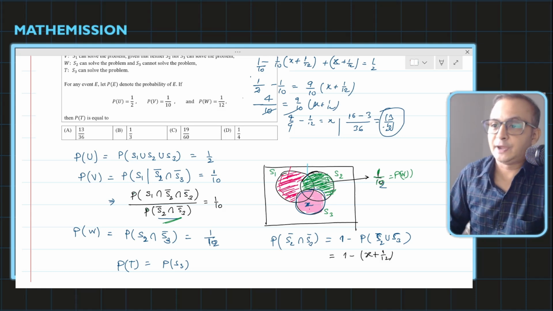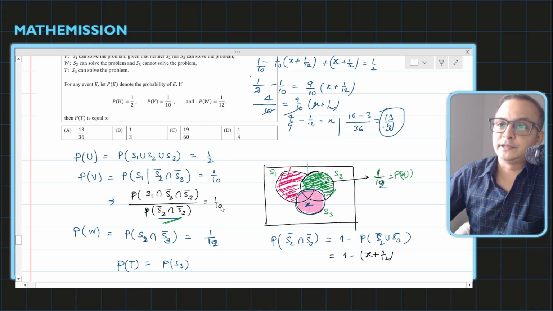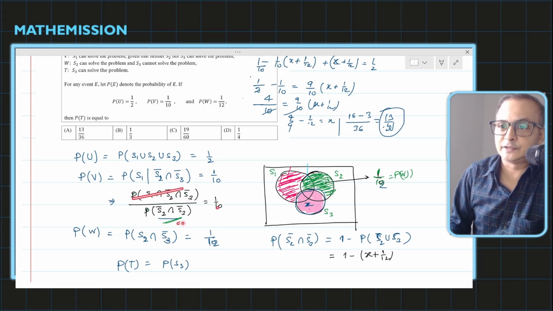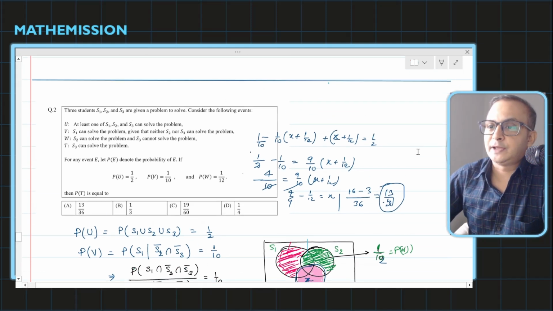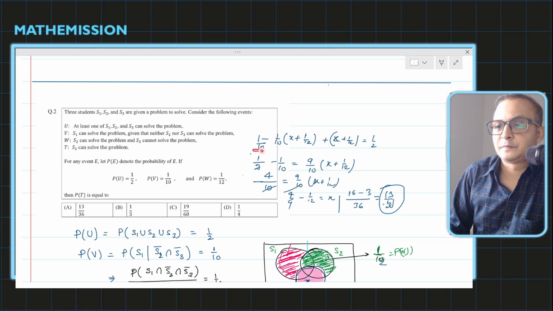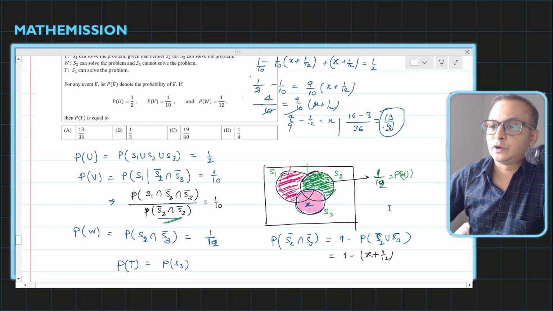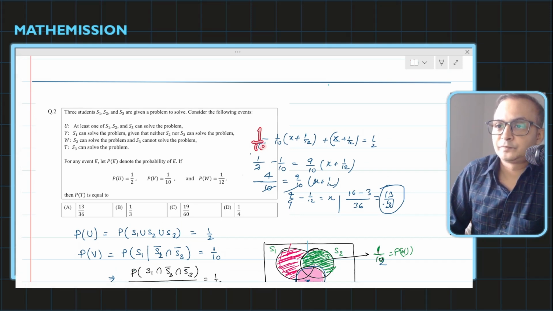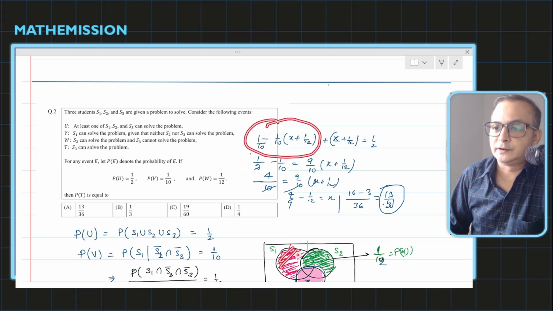But I have to multiply this by 1 by 10 to get this red part. So I multiply by 1 by 10, and you get 1 by 10 into this thing, so this is the whole red part.